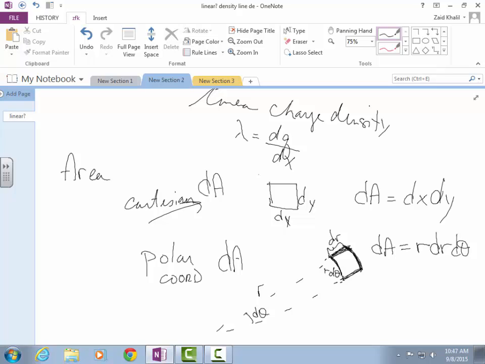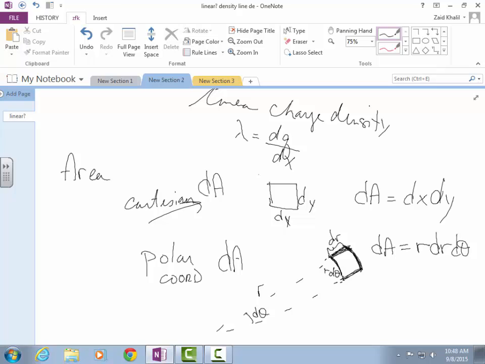What I'm asking you is to integrate this for a full loop. What does theta extend to for a full loop? 2 pi, right? So you extend it from 0 to 2 pi. What's the integral of d theta? Theta, because the function in front of it is 1.